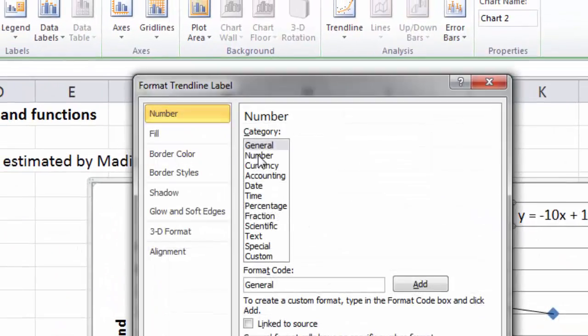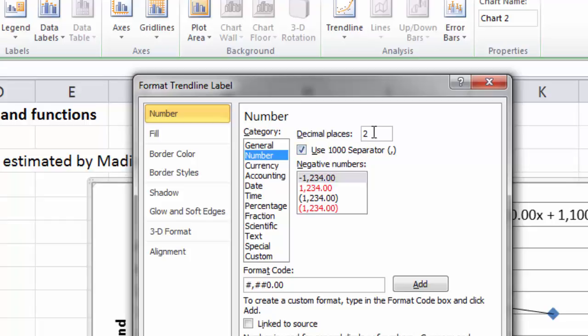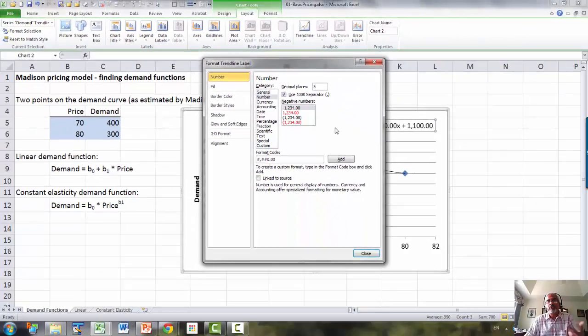Select number, and here is where you can increase the decimal places. I'll put 5 decimal places. In a linear function, it probably doesn't matter, and 2 decimal places would be fine. But when you go to constant elasticity or exponential functions, you do need several, at least five, maybe more.